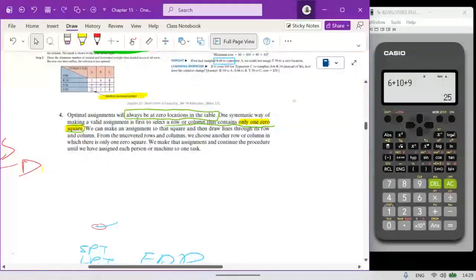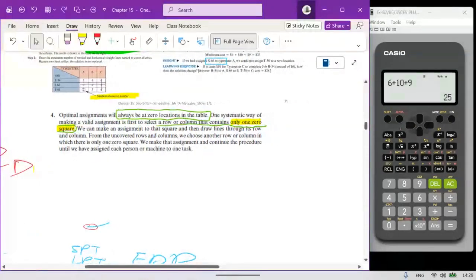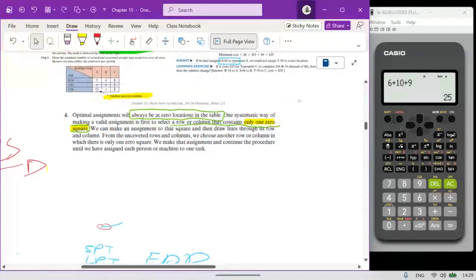Then they say optimal assignment will always be at 0 locations in the table. One systematic way of making a valid assignment is first select a row or column that contains only 1 0 square. We can make an assignment to that square and then draw lines through its row and column.